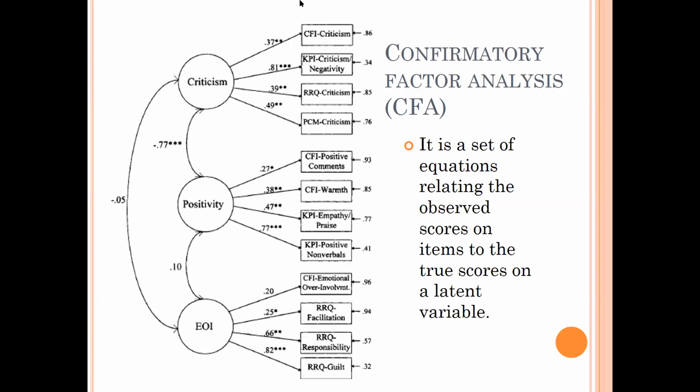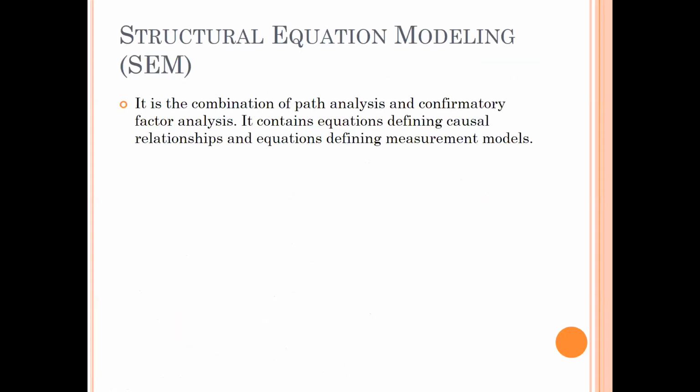These items are being separated into two parts: measurement error, which is here on the right, and these arrows here are the relationships between the latent variable and the item. So 0.37 is known as a factor loading. 0.37 is the relationship between criticism and the item that measures criticism. So structural equation modeling combines path analysis and confirmatory factor analysis.